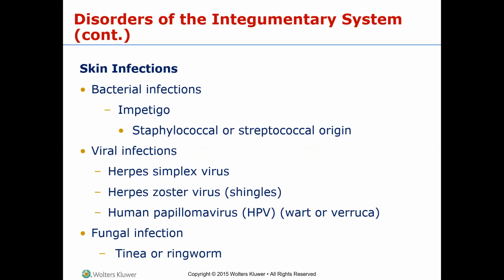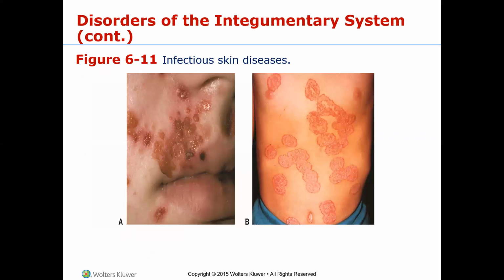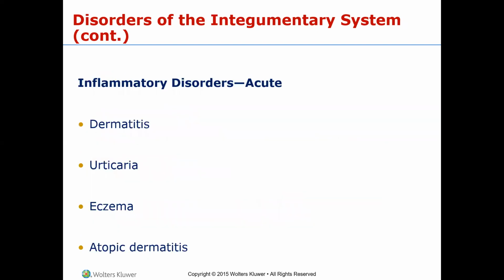Shingles, which is the herpes zoster, and then the human papilloma virus, which results in a wart. We also have some fungal infections. Tinea or ringworm is a type of fungus infection. So here in these pictures, you were looking at ringworm, which is in B, and then the herpes virus, which is in A.